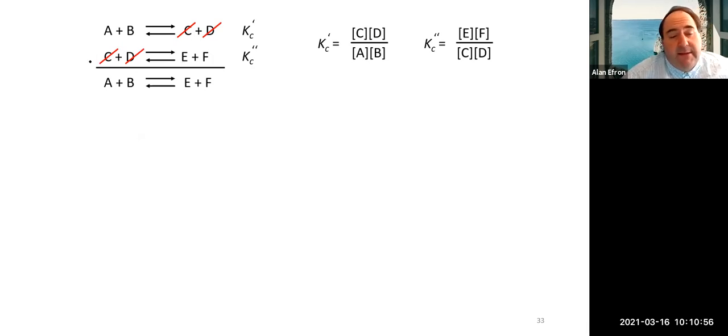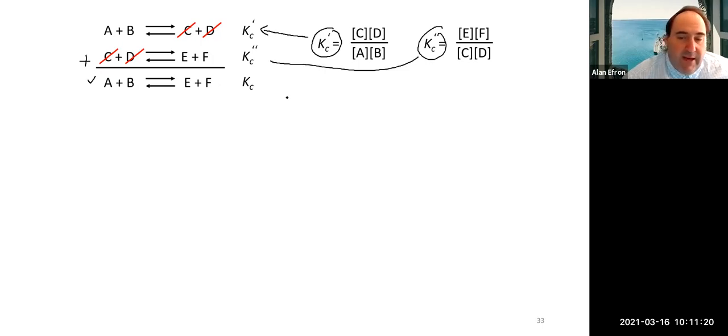If we were to add these together, which is essentially what they did, anything on opposite sides of the arrow will cancel out, and what we're left with is this overall reaction. And if we wanted that overall reaction's K value, how could we get it? Well, this is the equilibrium expression for the first reaction. This is the equilibrium expression for the second reaction.